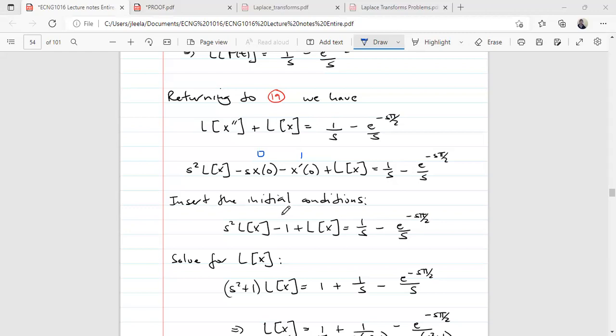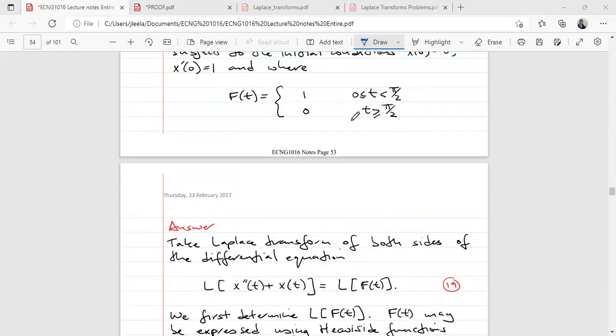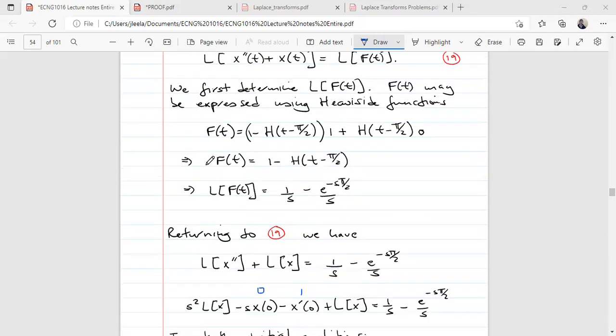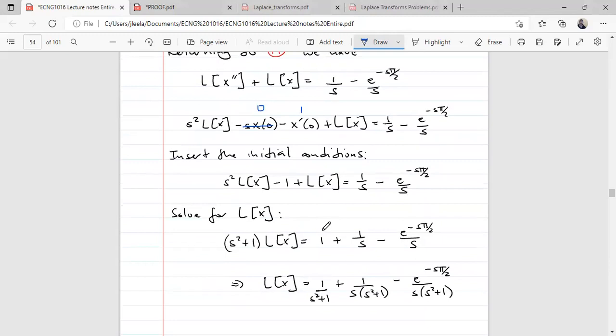And now we plug in the initial conditions. x naught is 0 and x prime naught is 1. So you're putting in 0 here, so this term will drop out, right? This one you're seeing minus 1 plus the Laplace of x.